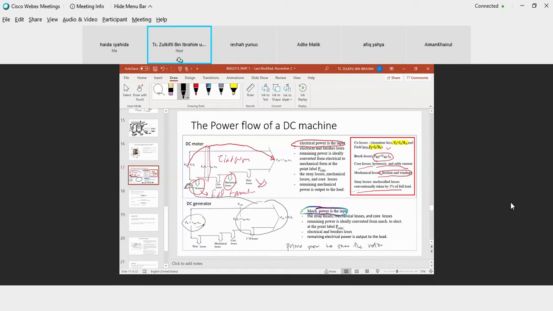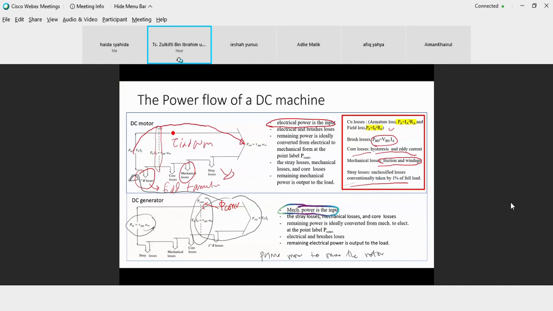Then at this point, the P conversion, is it big? The P conversion is the same too. The generator converts from mechanical into electrical.